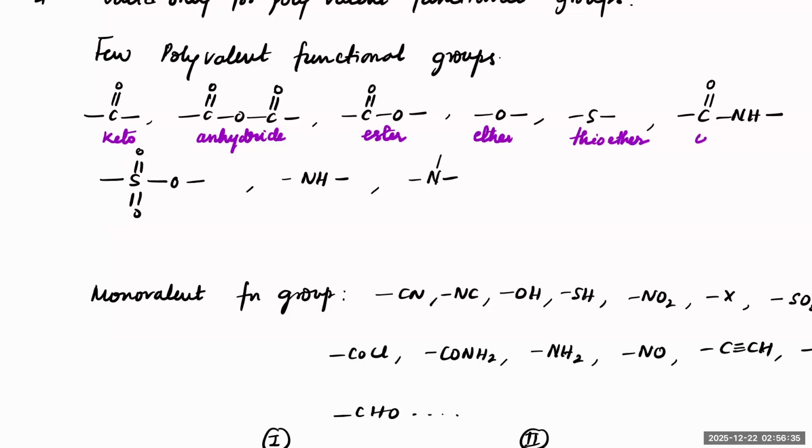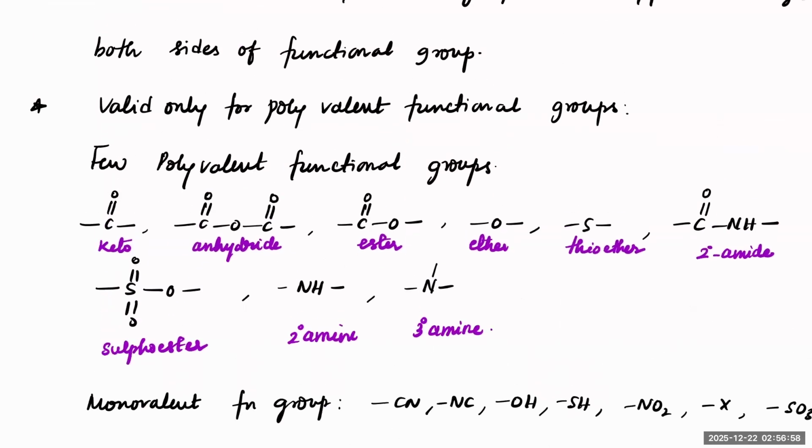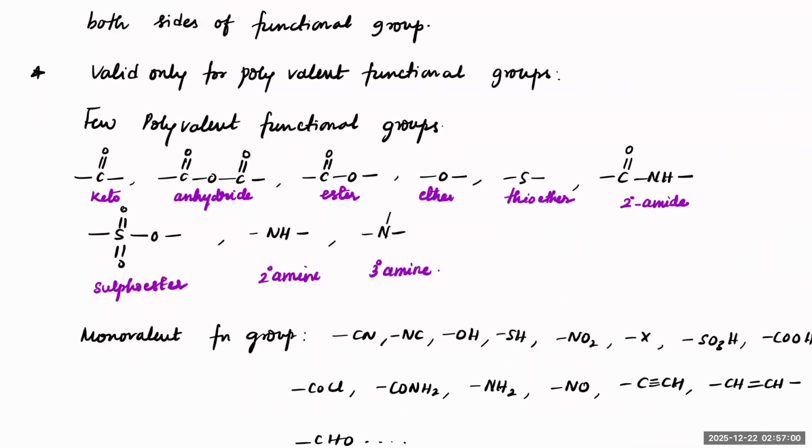Then 2-degree amide. Then sulfoester. Next, 2-degree amine or 3-degree amine. Correct. So these are all the cases where you see the possibility of metamerism occurring.